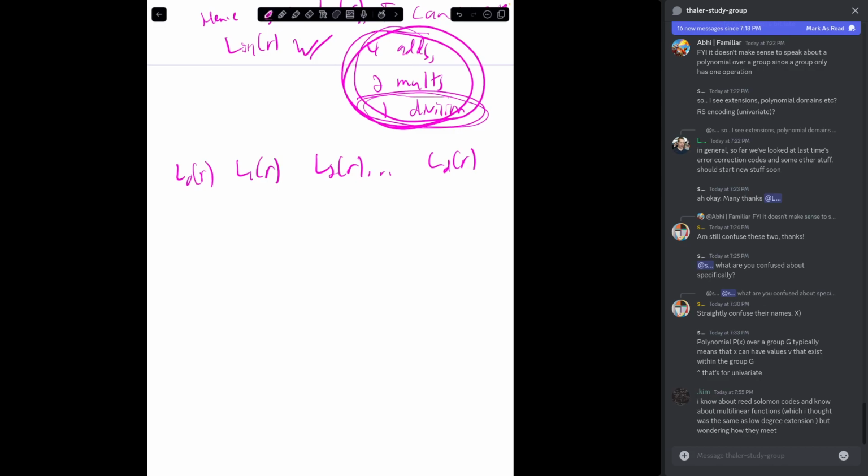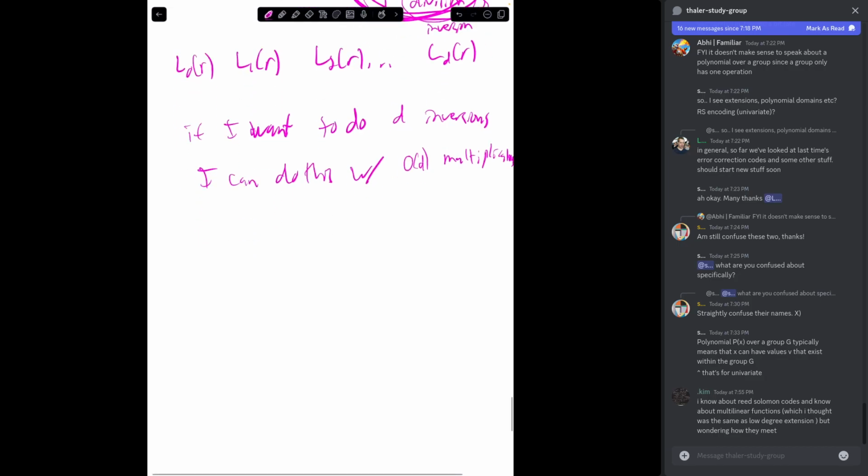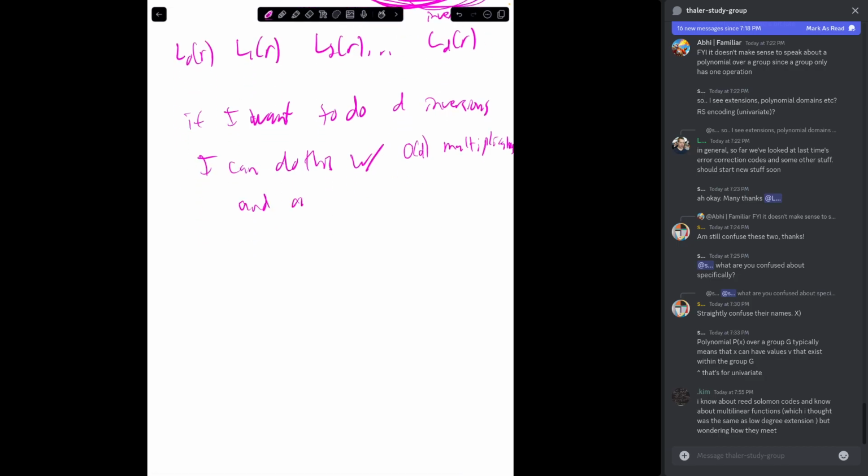But it turns out that there's something called batch division, or people call it batch inversion in finite fields, rather than division, but it's the same thing conceptually. If I want to do D inversions, I can do this with something like, I don't know what the leading constant is offhand, but certainly it's order D multiplications. It might be 3D or something. Maybe even just D, I don't know, and just one division.